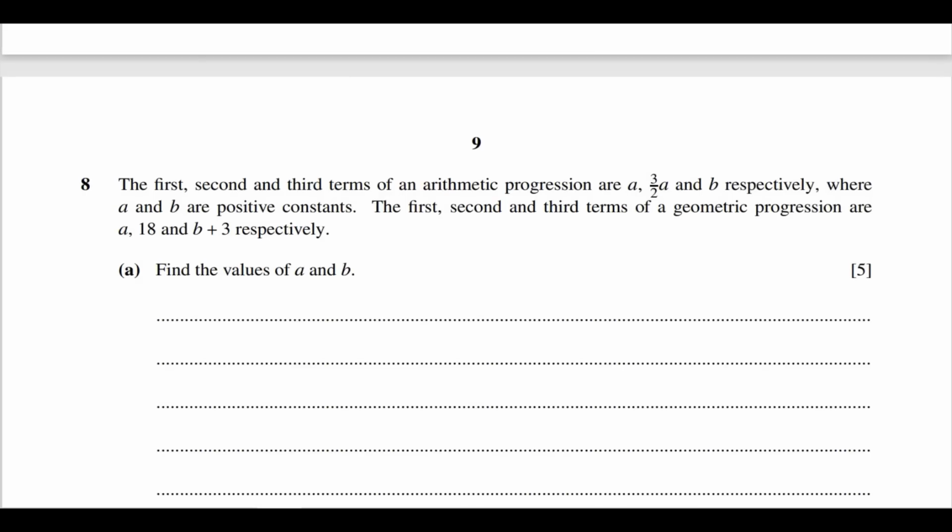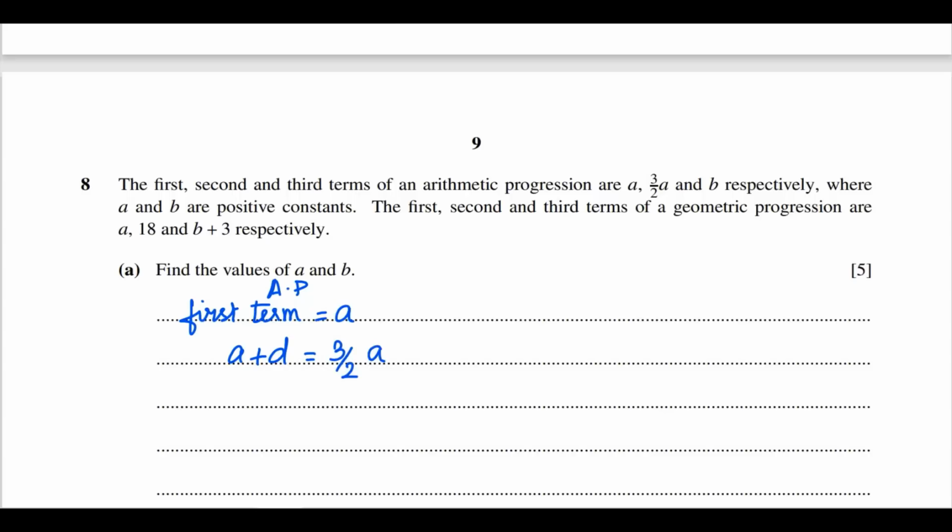So in the arithmetic progression, the first term is a and the second term is a plus d, which is equal to 3 over 2 a, and the third term is a plus 2d, which is equal to b.